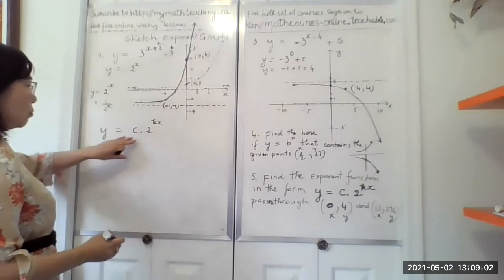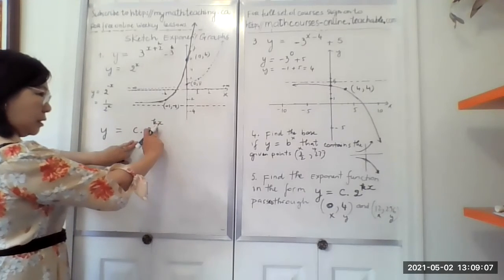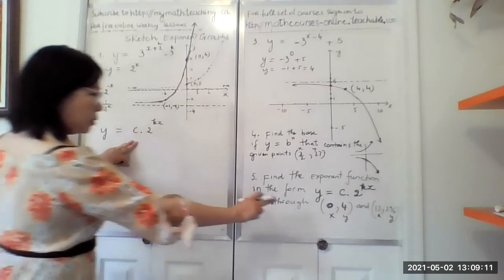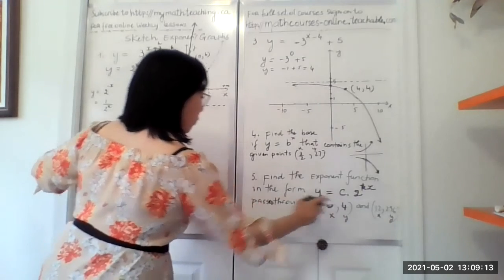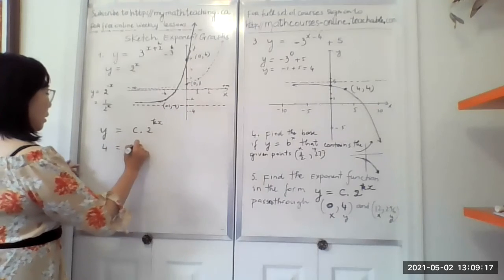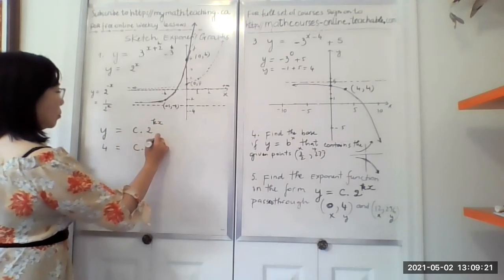So how many unknowns do we have to find? We have to find c and k. So let's take advantage of the coordinate 0 for x and 4 for y. We substitute y is 4, and x is 0.